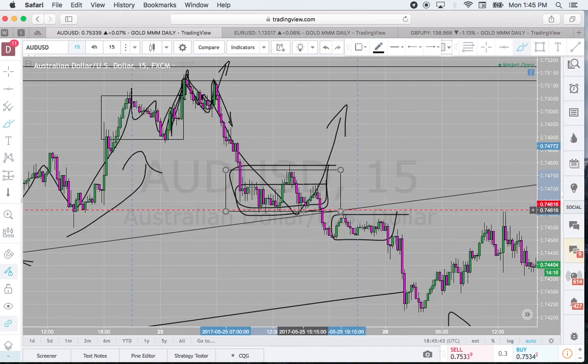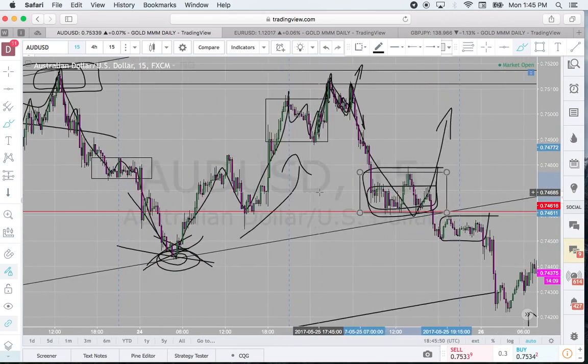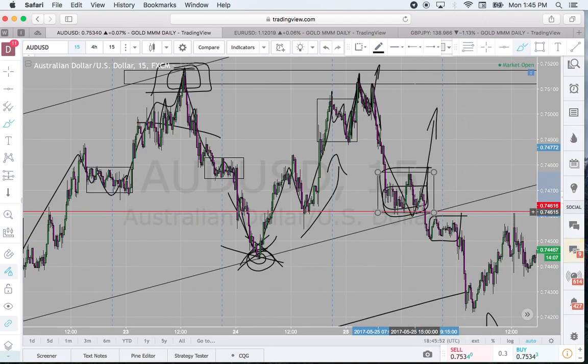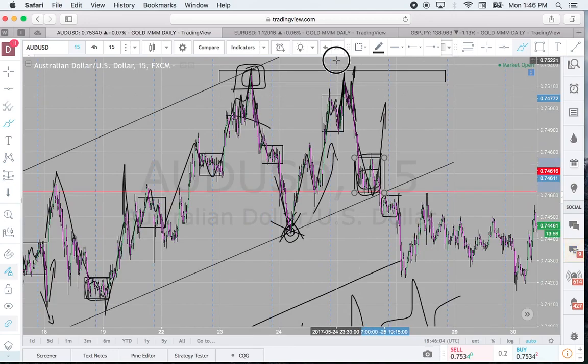The dealer is not going to give the retail trader profit. We already know this is a fact because we know the dealer has not created that higher high. If we saw a higher high be created, then we could expect this trend to continue upwards.